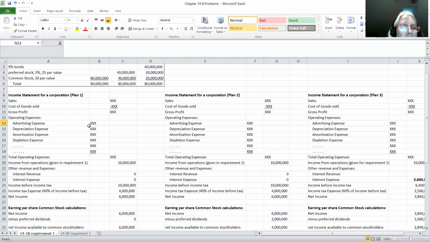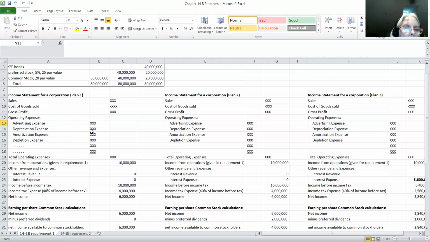Operating expenses would be listed next. Now, operating expenses, as you might remember from Accounting 120, can consist of selling expenses and administrative expenses. In this case, instead of separating them out, I've just put all of our operating expenses together. And these items on line 7 and 18 are just showing that there are many other operating expenses, but I just wanted to show you the basics of how this income statement is put together.